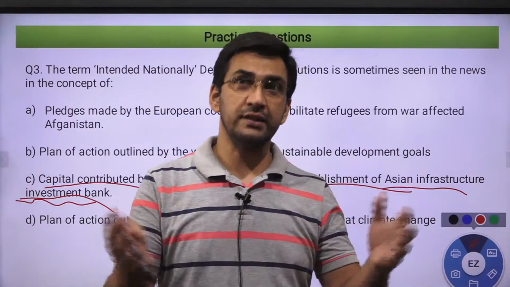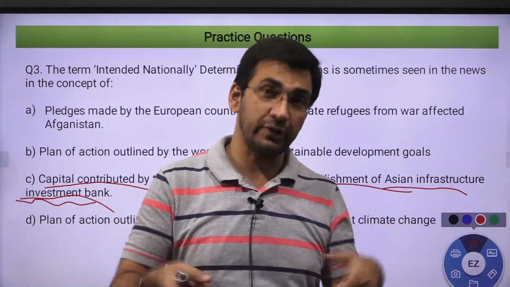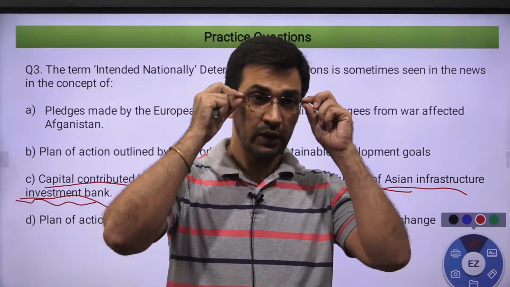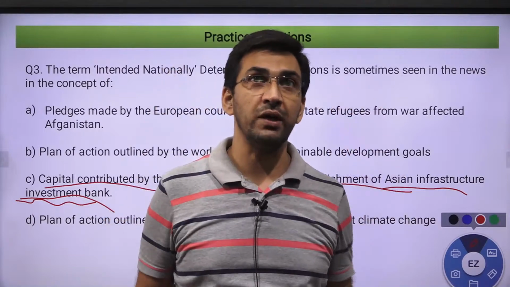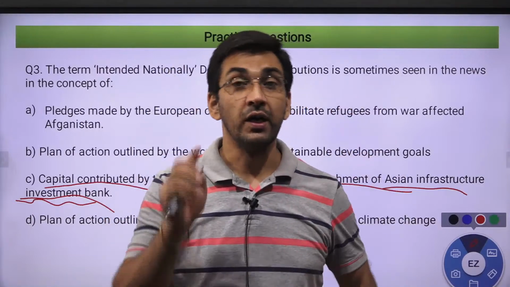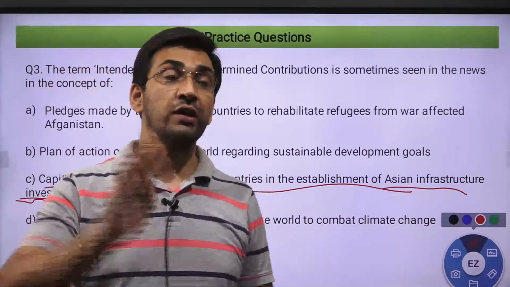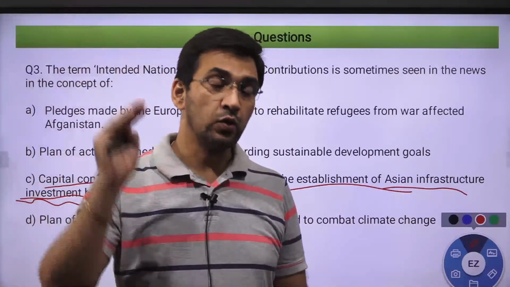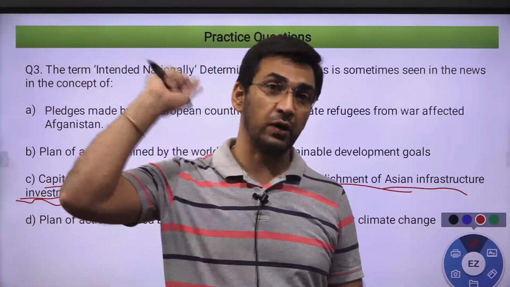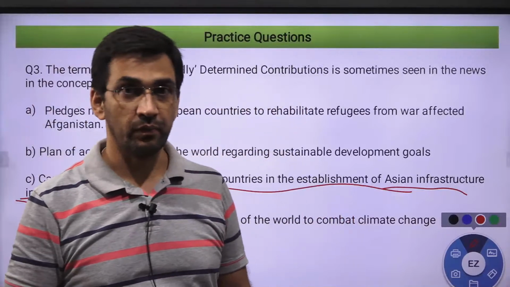So in the Paris climate deal these countries were also taken into the board, and it was decided that all countries together make an effort to reduce the release of carbon dioxide or greenhouse gases into the environment, so that we can restrict the rise in temperature to well below 2 degrees Celsius compared to pre-industrialized levels, right?